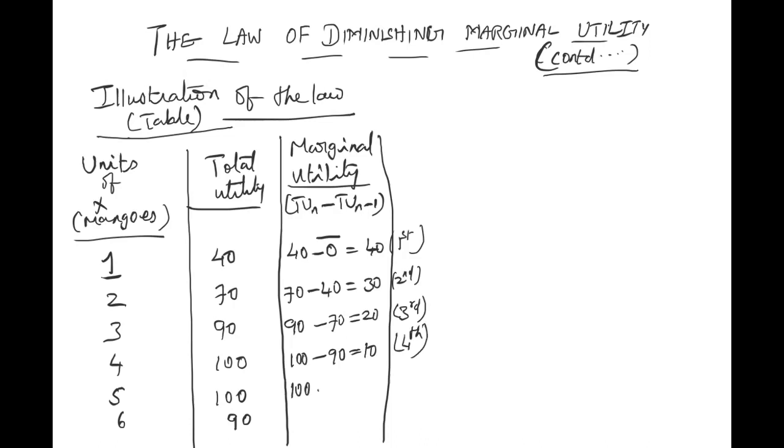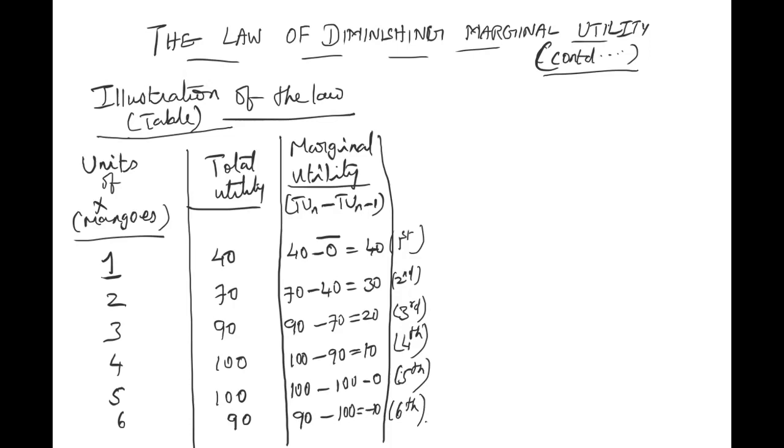And when he consumes the fifth mango, since his total satisfaction has reached the maximum, he is not getting any additional satisfaction. So his additional satisfaction is nil. And finally, if he's still consuming the sixth mango, it is giving him negative satisfaction. So this is the table I explained in the previous class.